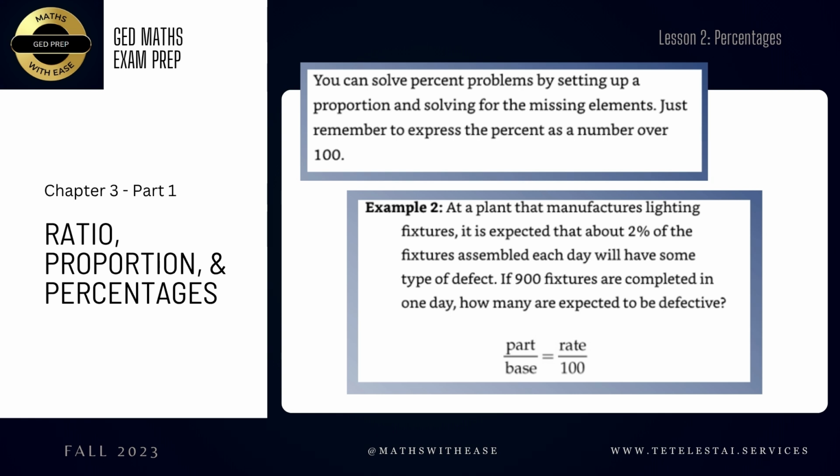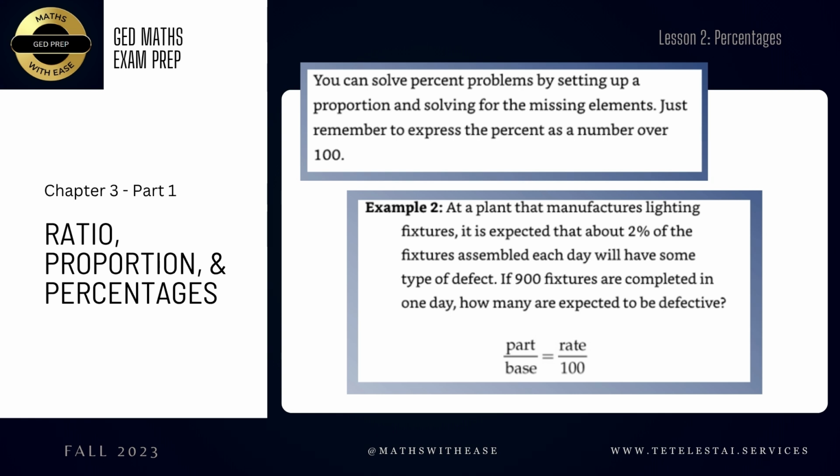So we have our rate already. About 2% of the fixtures assembled each day will have some type of defect, right? If 900 fixtures are completed, that's our base, right? In one day, how many are expected to be defective?